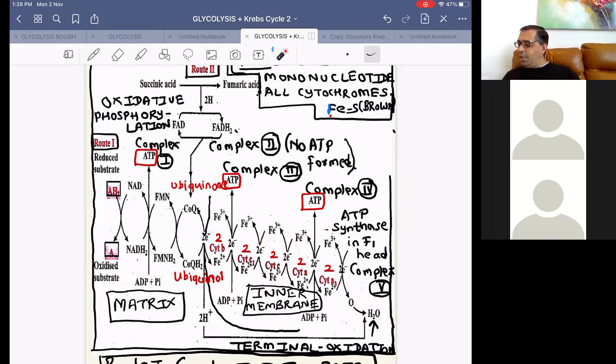So oxygen with 2 electrons combine with 2 protons to form H2O, a molecule of water.